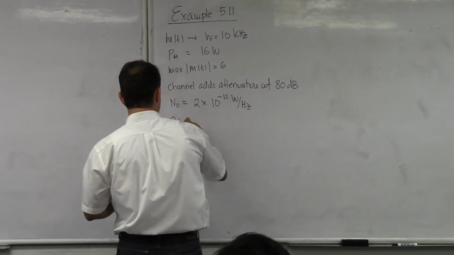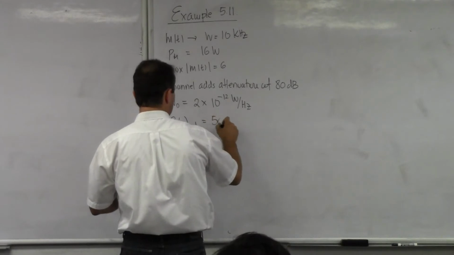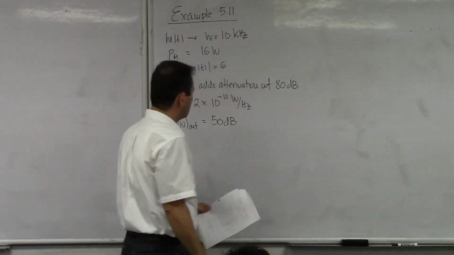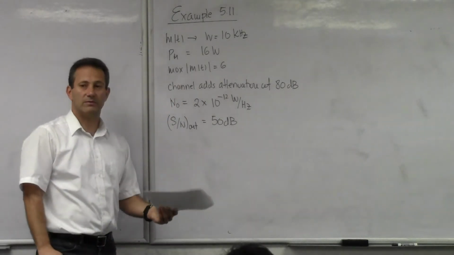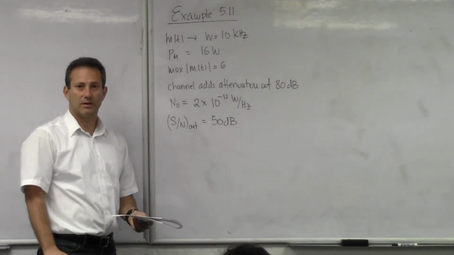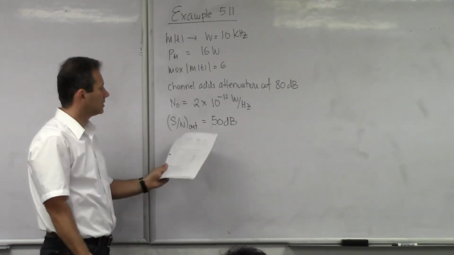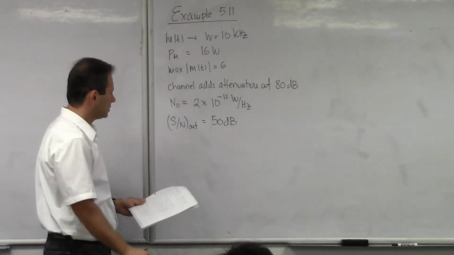Required signal to noise ratio at the output needs to be 50 dB. So that's a very tough requirement. You know, 50 dB, that's 10 to the 5, right? So this is 100,000. The power of the signal needs to be 100,000 times above the power of the noise.